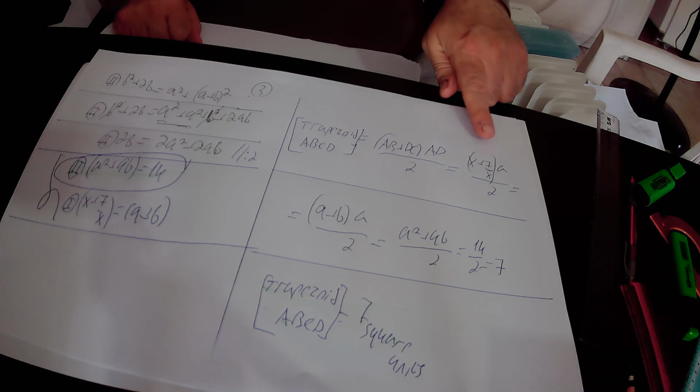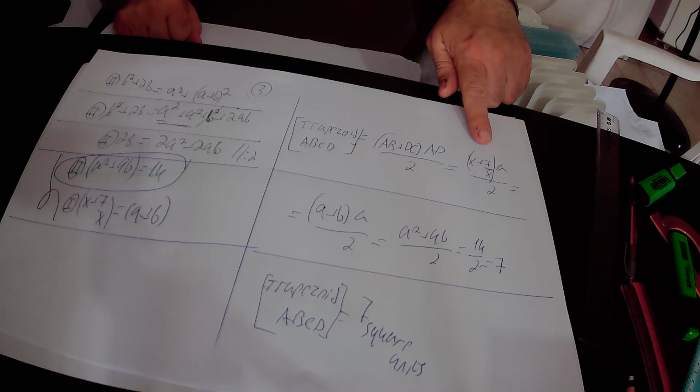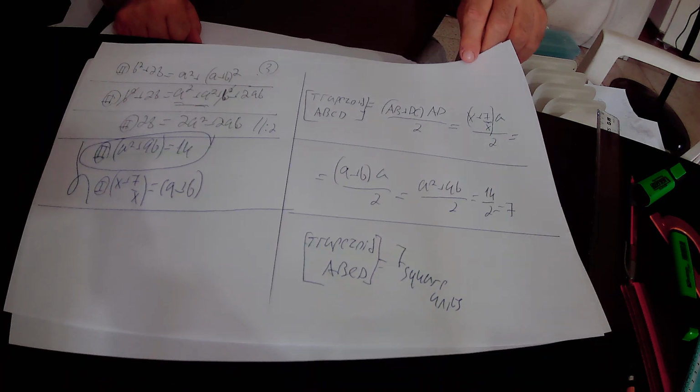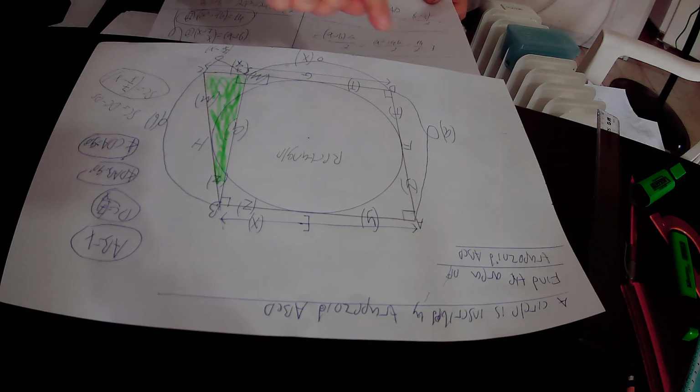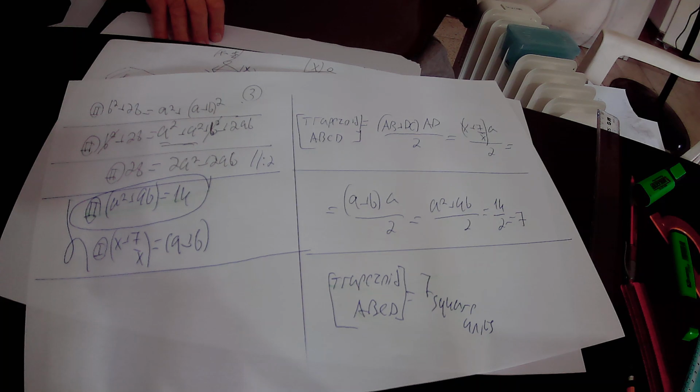DC is 7 over x according to what is given in the question. Side AD equals A according to our definition. So in conclusion, the area of trapezoid ABCD equals x plus 7 over x times A over 2.